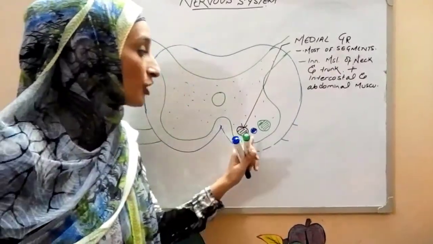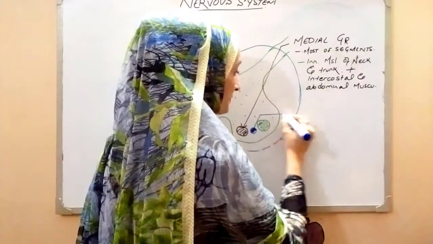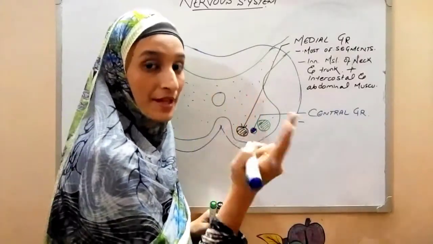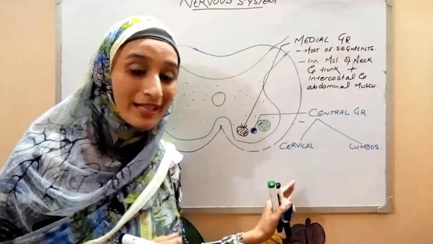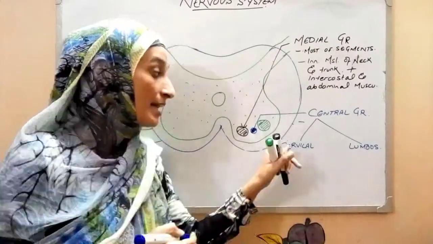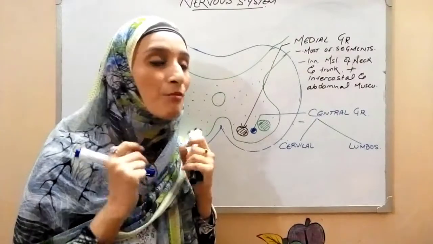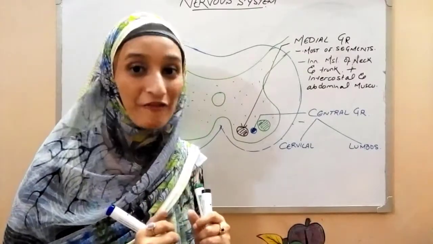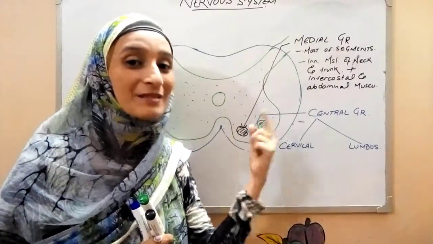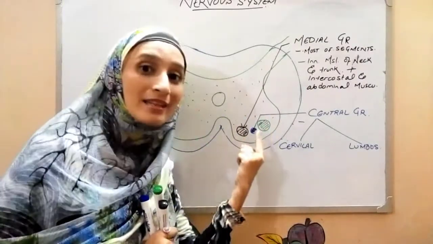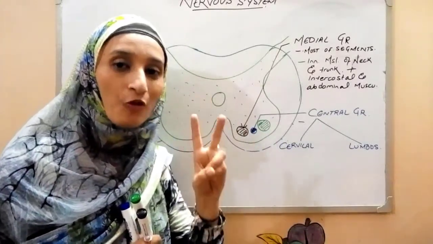Okay, now let's talk about the central group. The central group is quite a bit smaller than the other two groups. It has two components, the cervical and the lumbosacral, present in the cervical segments and the lumbosacral segments. The axons arising from the cervical segments innervate the most important structure of the body, the diaphragm. That means the phrenic nerve, with a root value of C3, C4, C5, arises from this particular group of spinal segments, C3, C4 and C5.